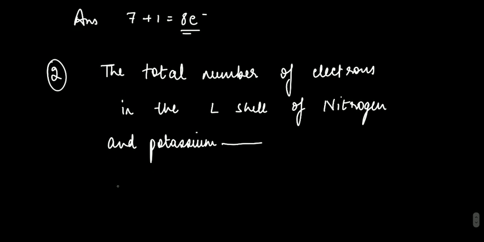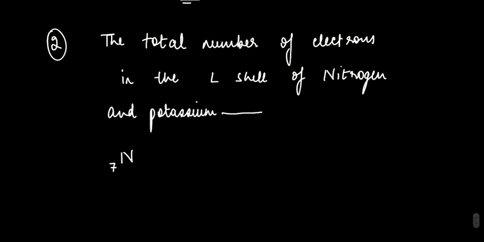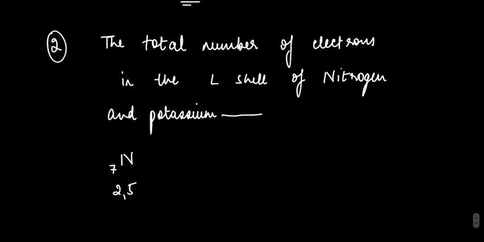We know nitrogen's atomic number is 7, so the configuration is 2 and 5. Potassium is atomic number 19, with configuration 2, 8, 8, 1. So, this is K, this is L. They are specifically asking about the L shell.